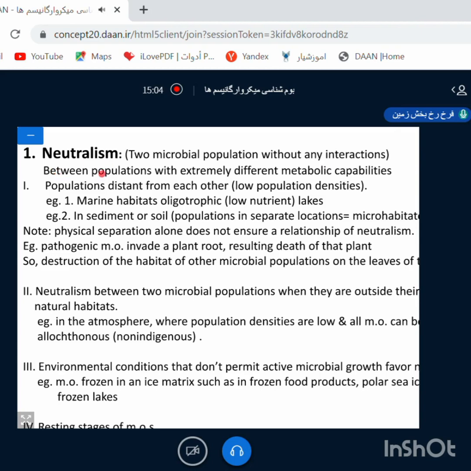Sometimes it is between populations with extremely different metabolic capabilities. Suppose you have two children.